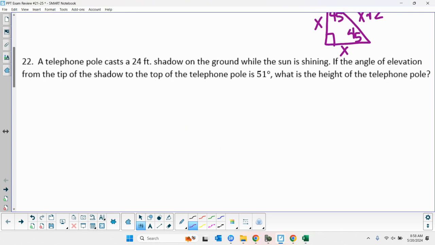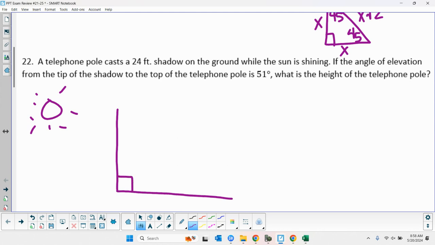The telephone pole casts a 24-foot shadow on the ground while the sun is shining. So you got the sun up here, right? You got a telephone pole. Here's the ground. Telephone poles usually make right angles, so we'll say that. The sun shines on it, it casts a shadow, right? The shadow's on the ground.